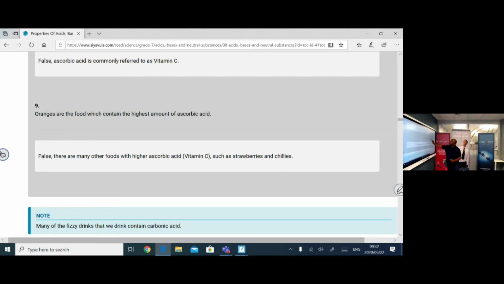However, the term highest is what dismisses our answer. Oranges are good, and they are more readily available than chillies and strawberries, even in terms of cost. So it's better I eat higher amounts of oranges if I can afford them. If you're fortunate enough to get strawberries, perfect. But chillies, they can be too hot for your liking. All right.